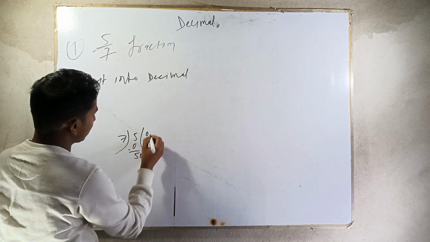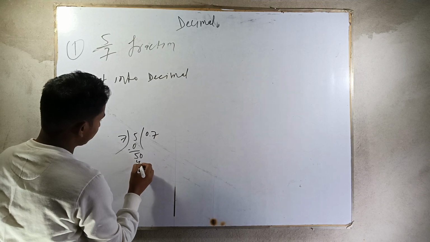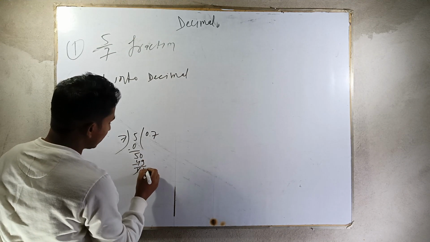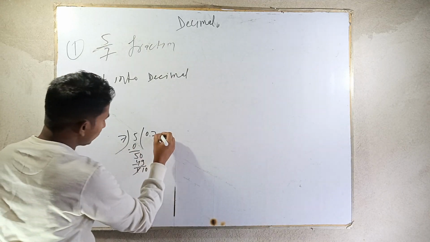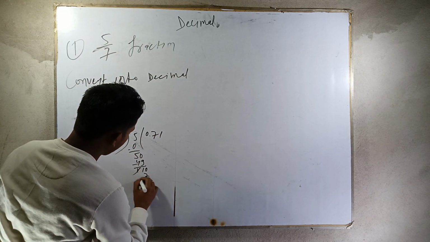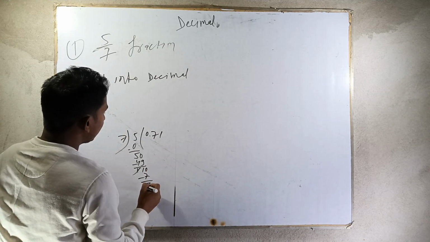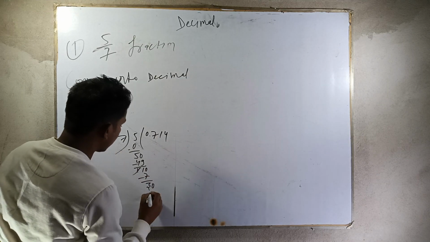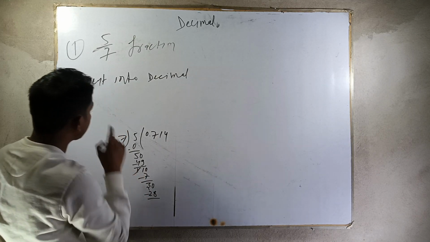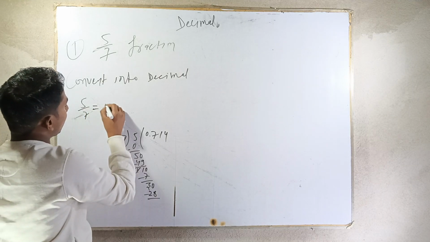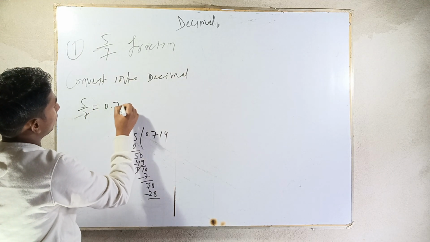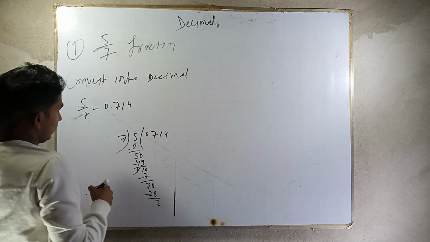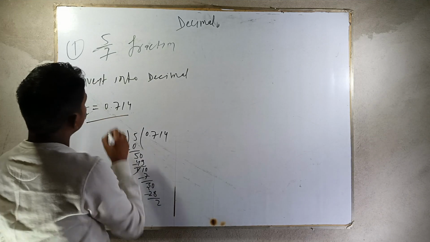Next, 7 times 7 is 49. Now if I write one more value, it is 3. Next is 0 and it is 4. 7 times 4 is 28, like this. That means we can take the approximate value 0.714. So this is its decimal value.